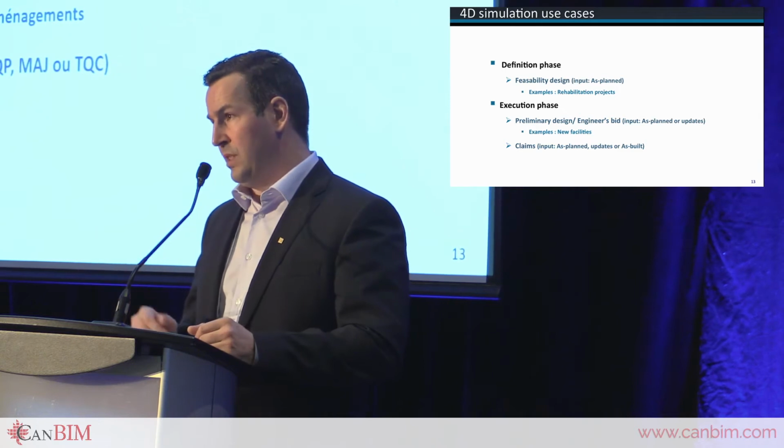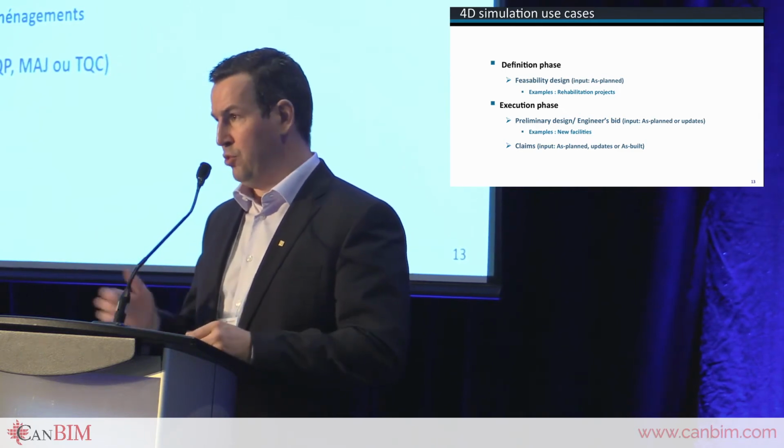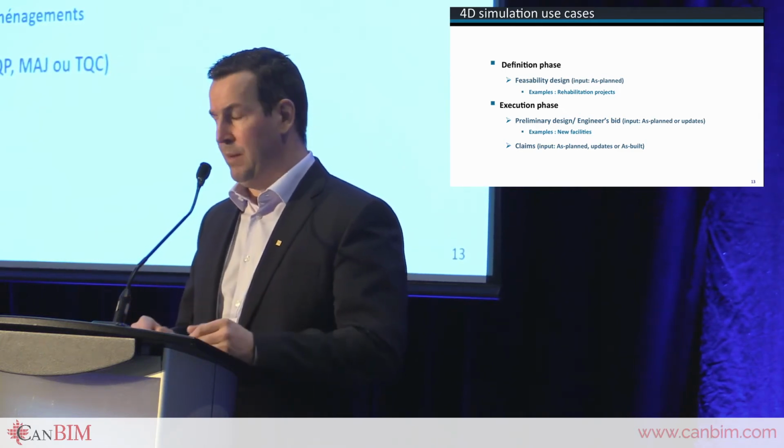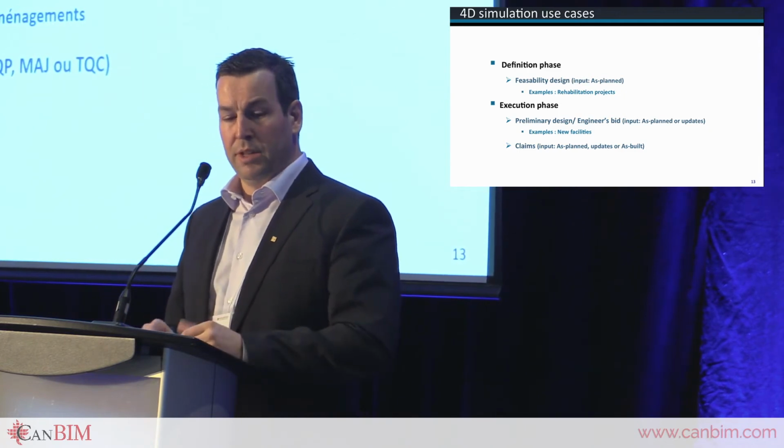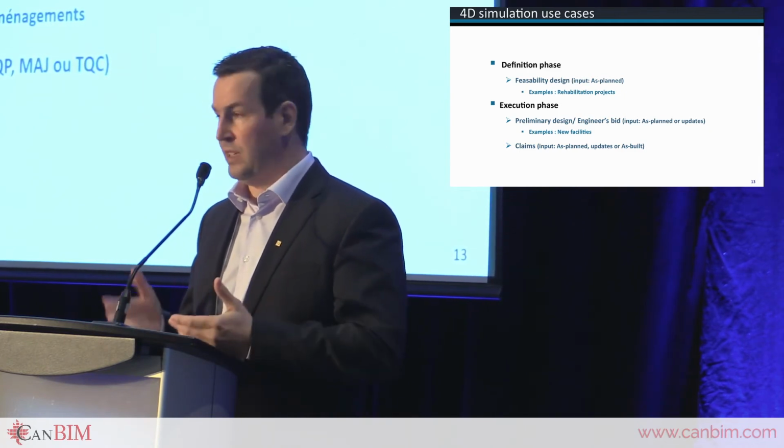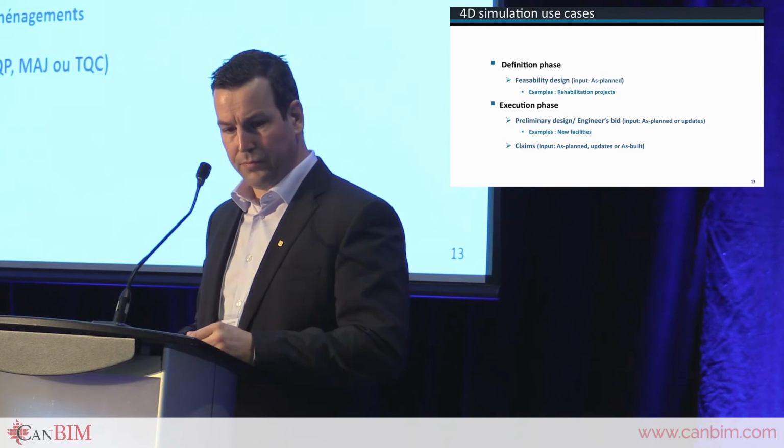So during the internal tendering or the construction phase. And we use planned information or updates of timeframes, for example, and models. Ultimately, we can also have a different phase for any, well, we want to avoid claims, but with the information so that everything could be planned or updated.